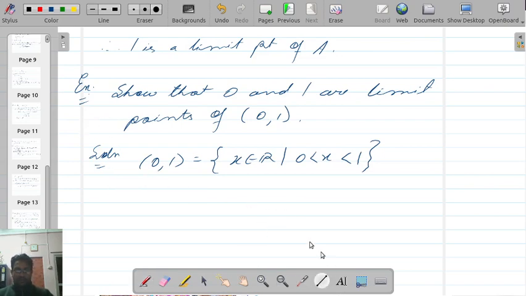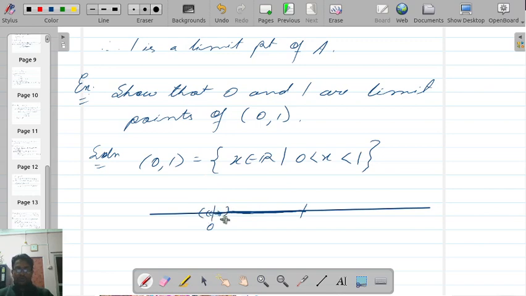From the diagram itself, you can see that your set is actually this part, all the numbers lying between 0 and 1. So if we take any epsilon neighborhood of 0, you will see the right part actually contains points which belong to this 0 1.